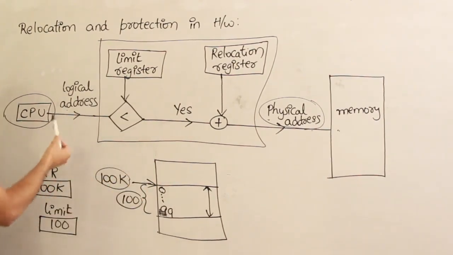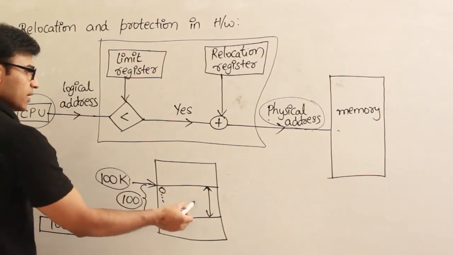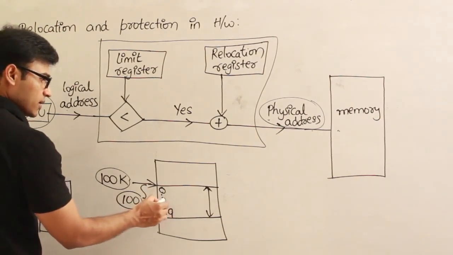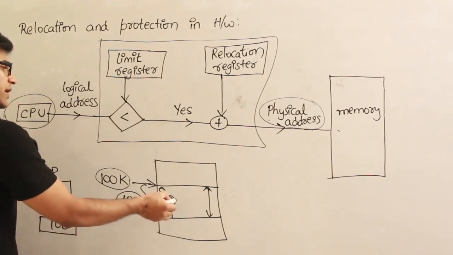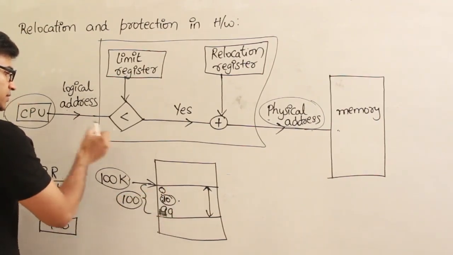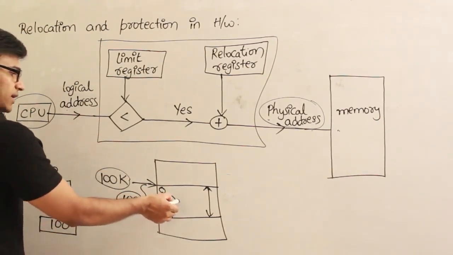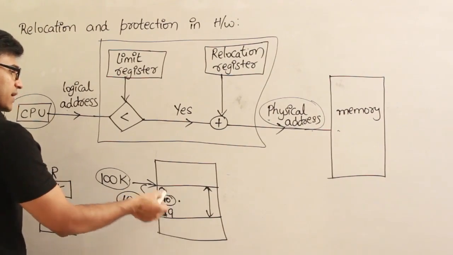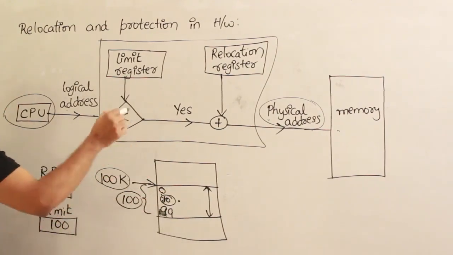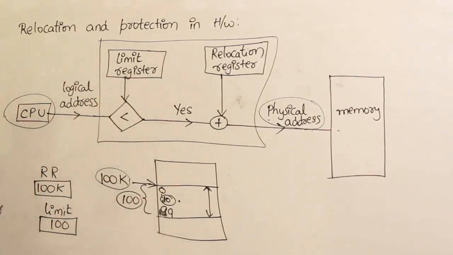Let us say the address generated is 10. If it is 10, it is somewhere here, isn't it? Even though the address generated by the CPU is 10, the 10th byte of the process is actually at 100K plus 10 in the main memory, right?